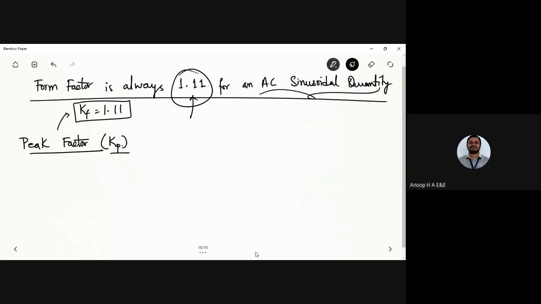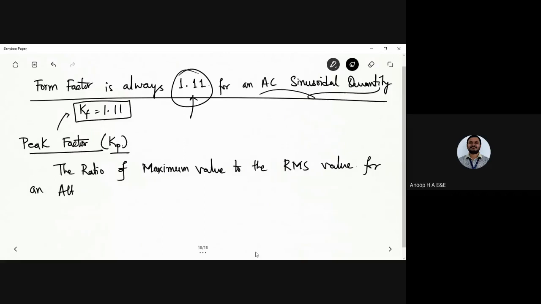The ratio of maximum value to the rms value for an alternating quantity is known as peak factor, that is Kp.